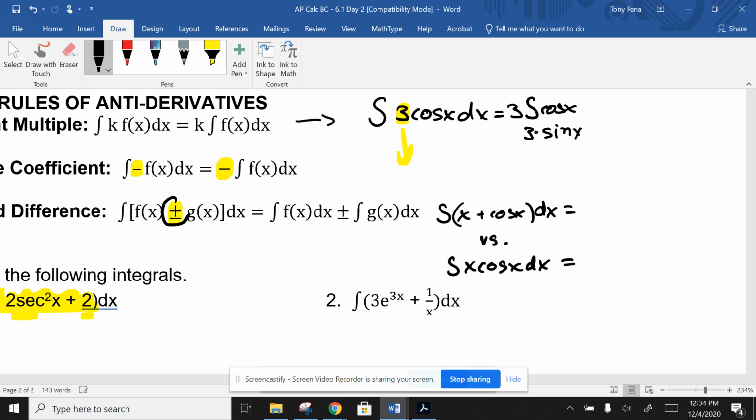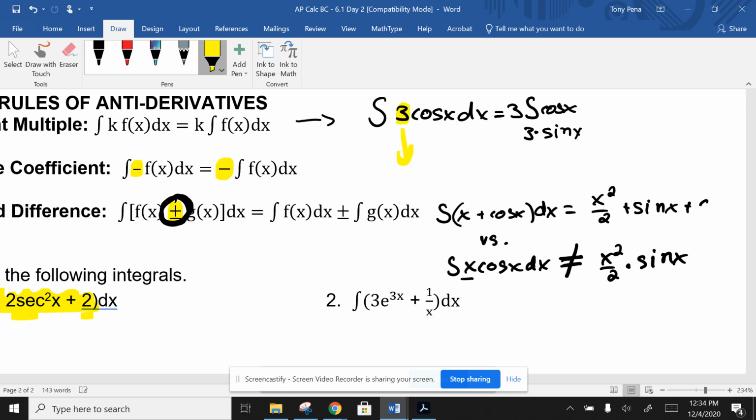Notice again, we can only do them individually if we are adding or subtracting. So for this one, I can go ahead and do x squared over 2 plus sine of x, and then plus our constant. We absolutely cannot do this, so this will not be true. We can't now go x squared over 2 times sine of x.